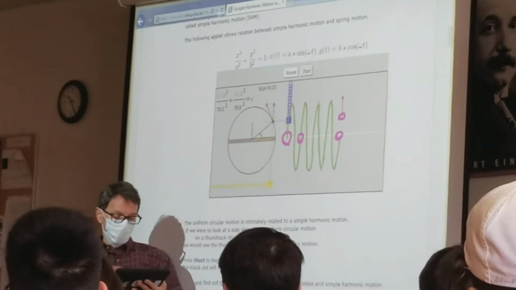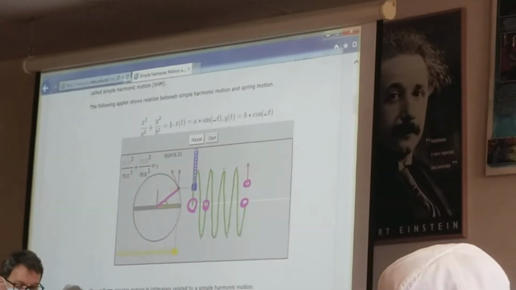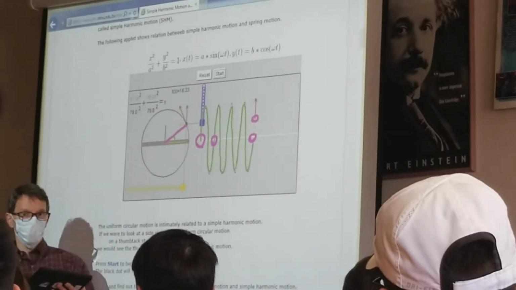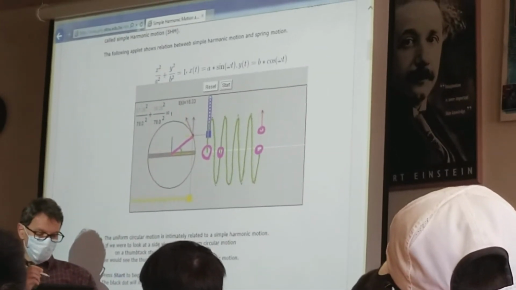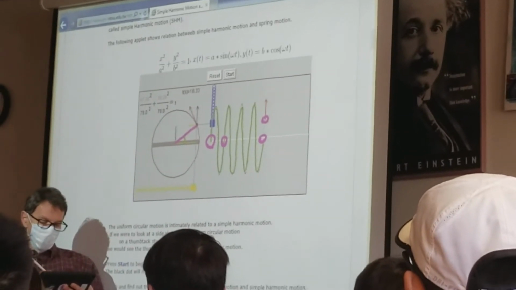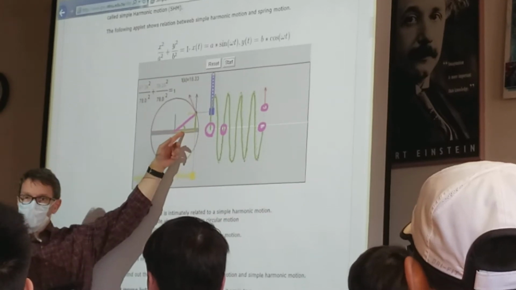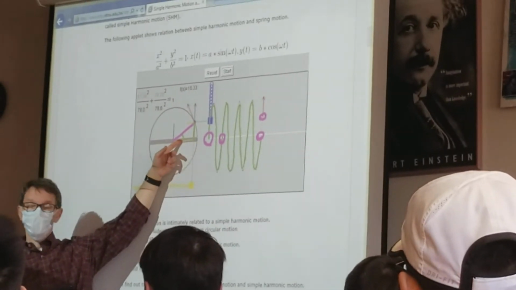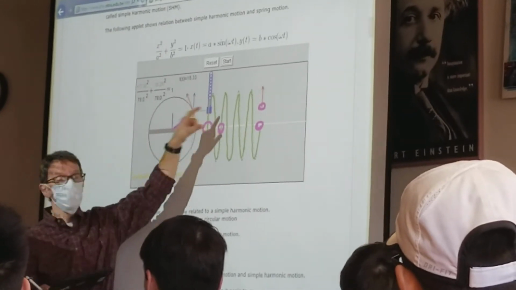Now remember that this side of the triangle, the radius of the circle, is also the amplitude, right? And this side of the triangle, new color, we'll stick with the green, is opposite the angle I have marked, right? Everybody good? And it also represents the current displacement of the mass.